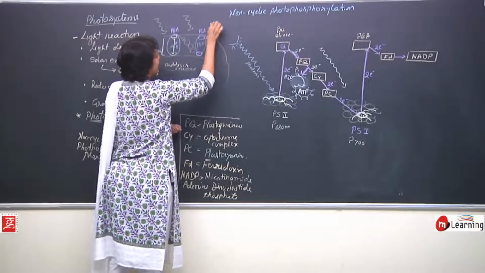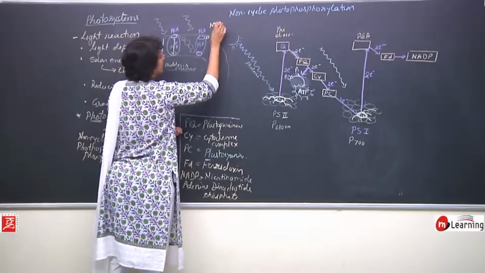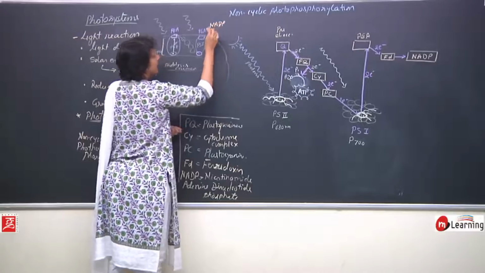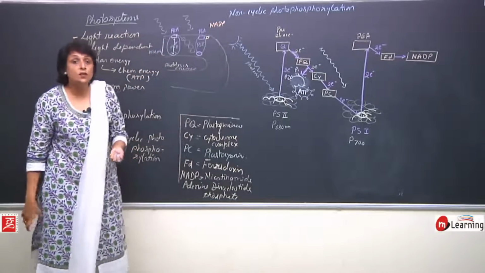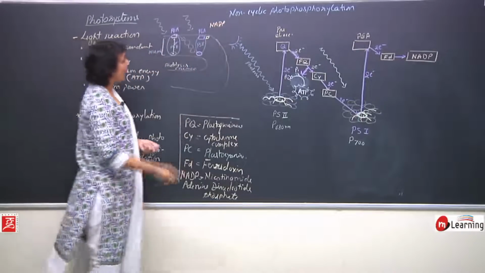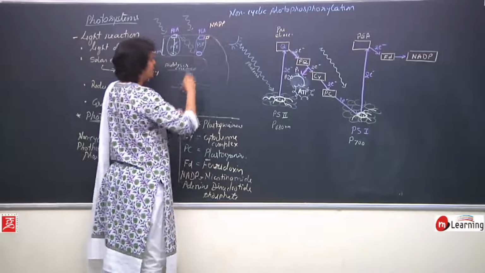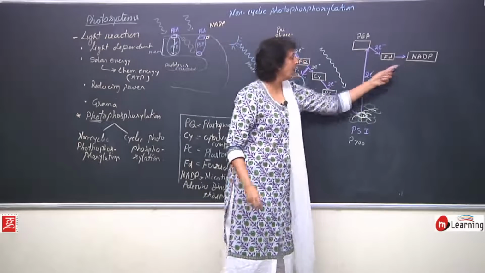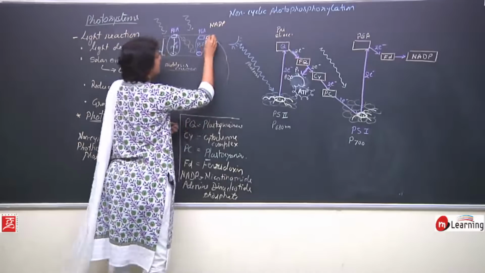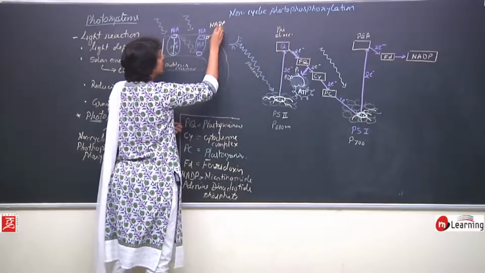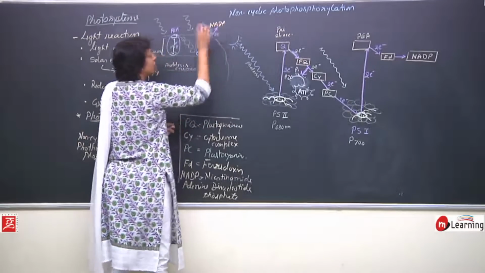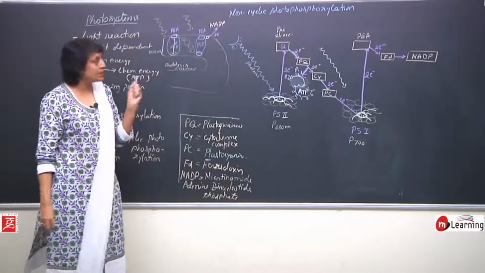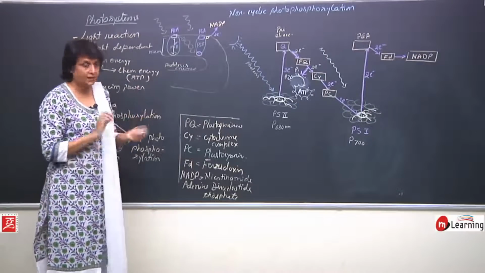This NADP is here. It is in the stroma part, and this electron which is coming from this ferredoxin is taken by this NADP. So this electron pair actually goes to NADP. This is part 1, it is not complete yet.